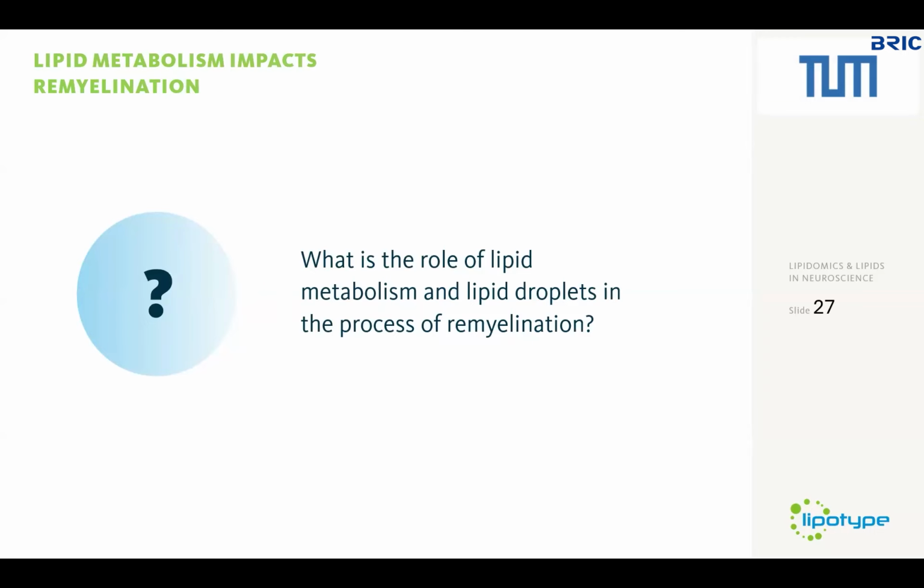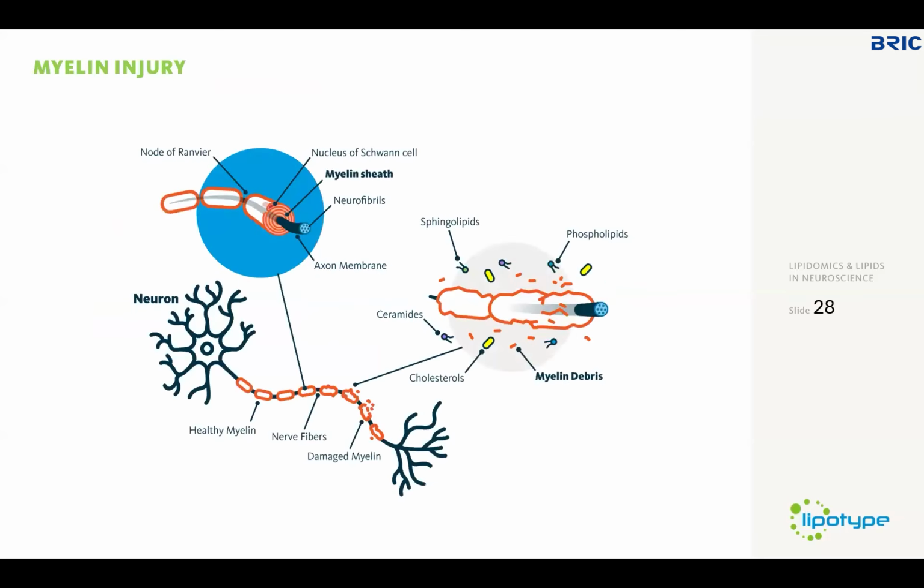Further, we'll talk about it in the context of Alzheimer's disease and multiple sclerosis, for example. Unfortunately, remyelination often fails during the progressive phases of a disease. So we wanted to look deeper into the mechanistic processes that are happening during remyelination.